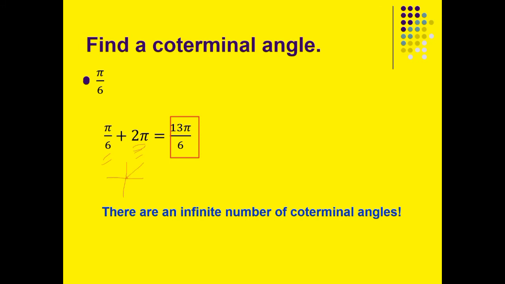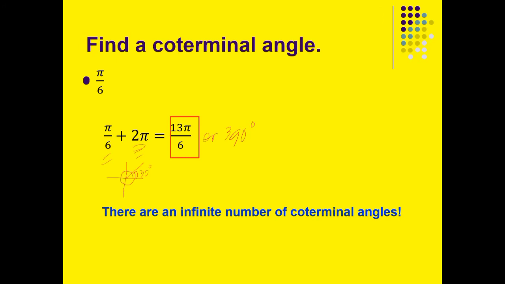We have 30 degrees as the equivalent angle. Then if we have another coterminal angle, which is one complete revolution, 2 pi, we have 13 pi over 6, or 360 plus 30, and that is 390 degrees.